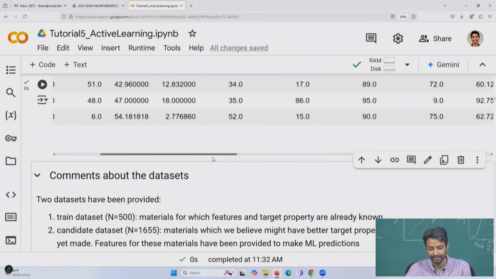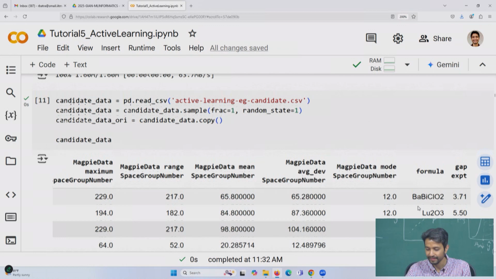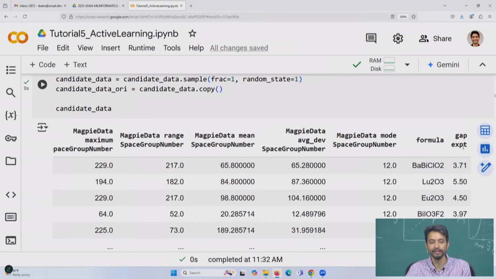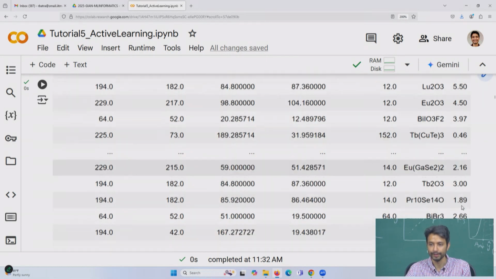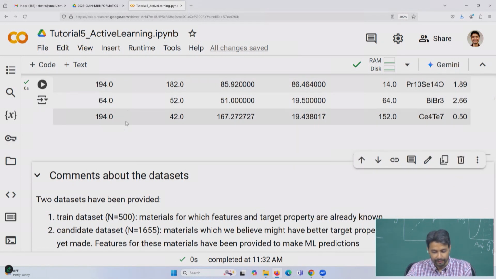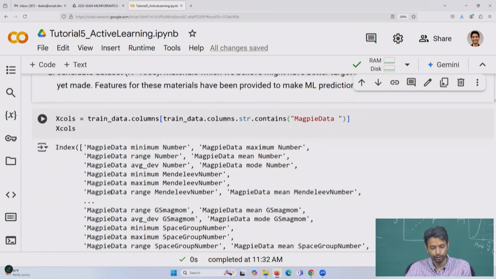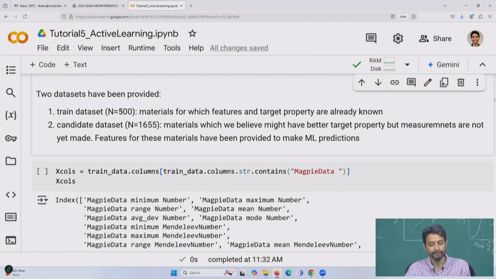There. Okay. So experimental band gap data is available to us as the last column. This one should be n equals 25. So the training data set is 25 and the candidate data set is about 600.